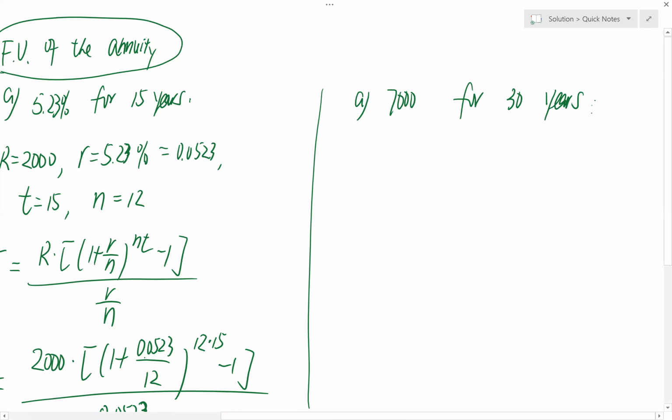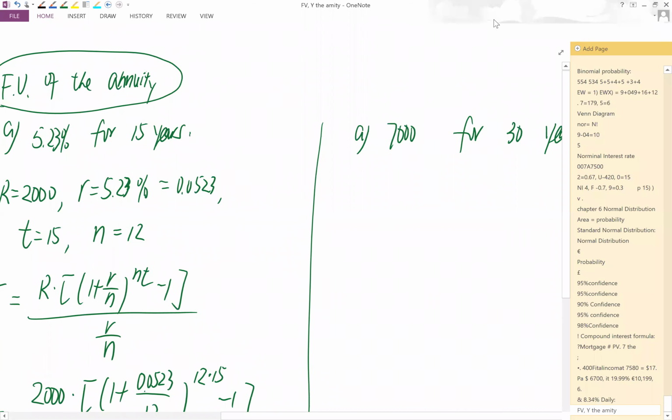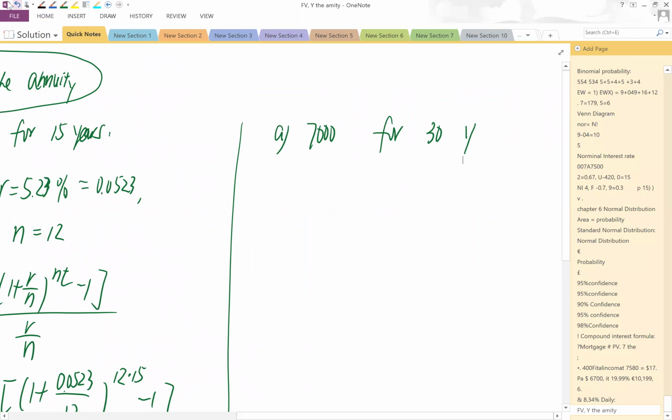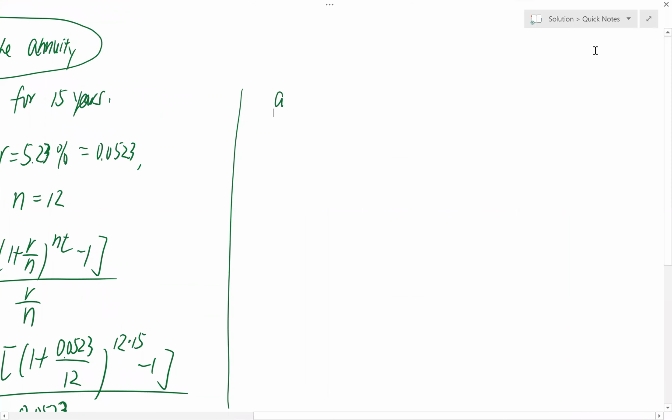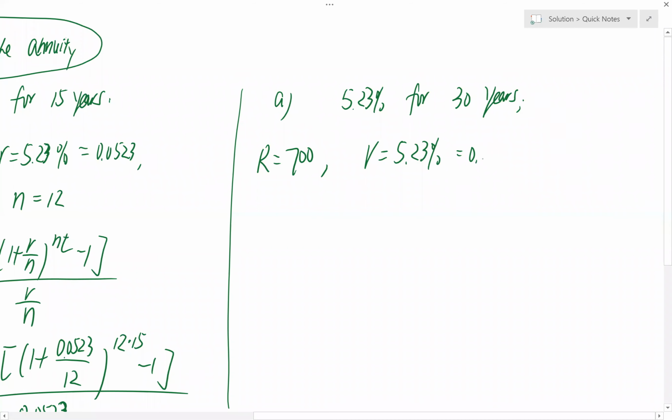First of all, let's calculate for $700. So same rate, 5.23% for 30 years. Now the regular payment is $700. The rate is the same, 5.23%, so 0.0523.